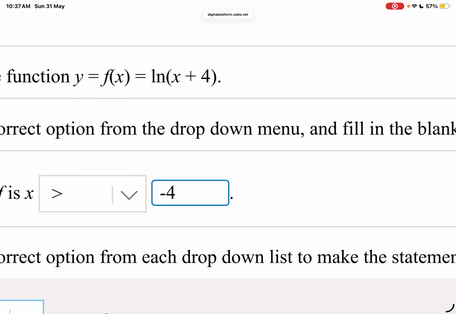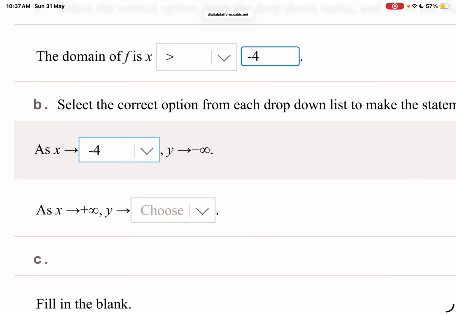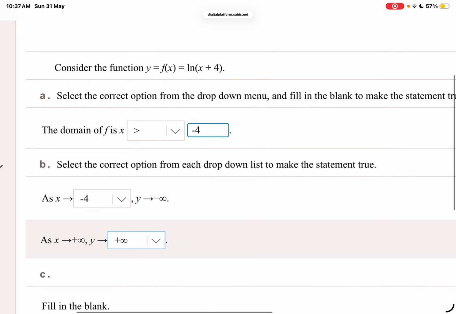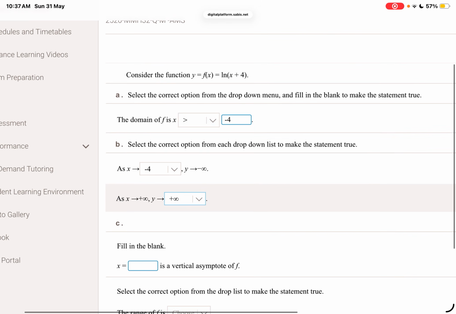Okay, so it will be y approaching negative infinity. And then here x approaching positive infinity, y will definitely be approaching positive infinity also.